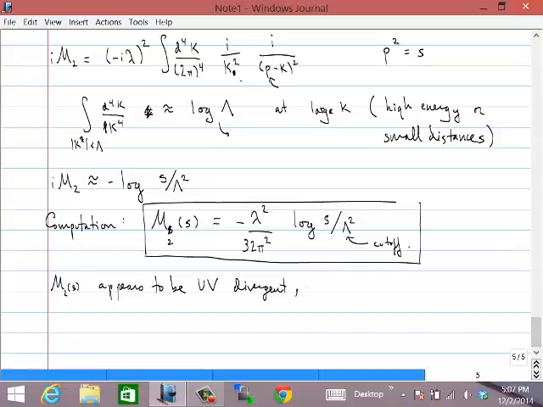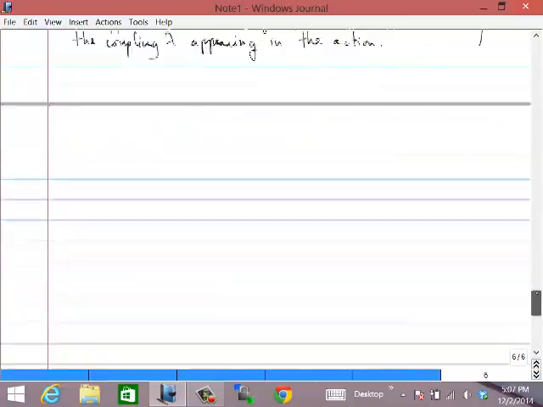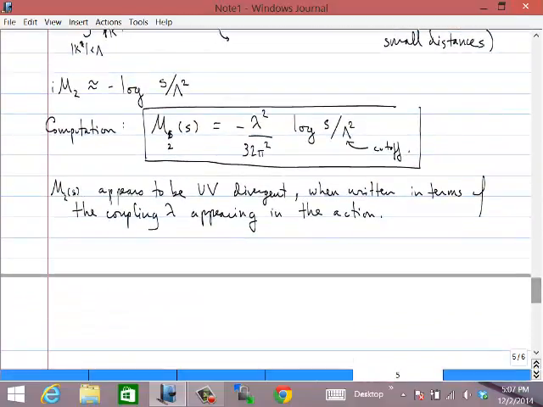So it appears to be UV divergent when written in terms of the coupling lambda that appears in the action. But what is lambda? What do we mean when we write down an expression for this coupling lambda?